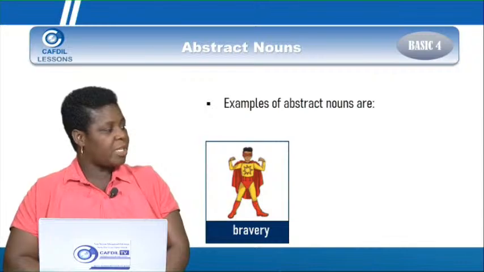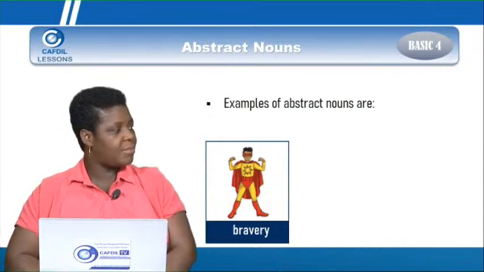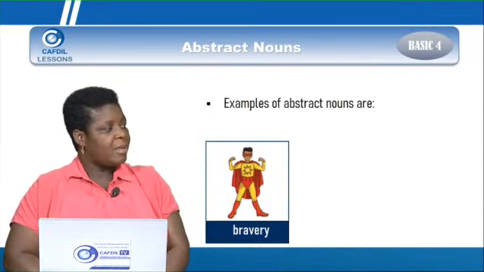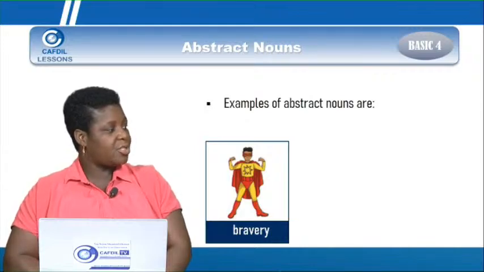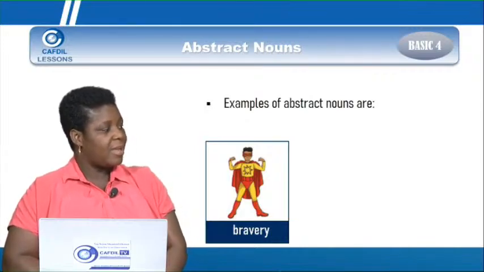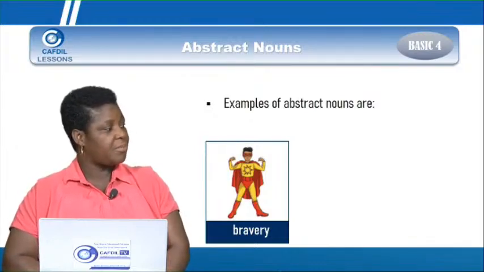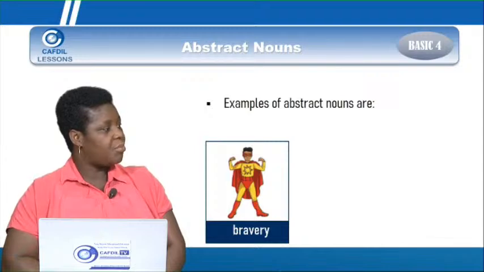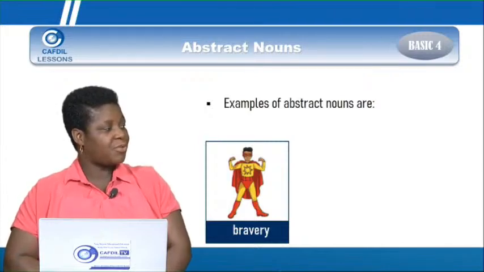This boy is showing something. The position he is showing, that is bravery. Bravery is an abstract noun.